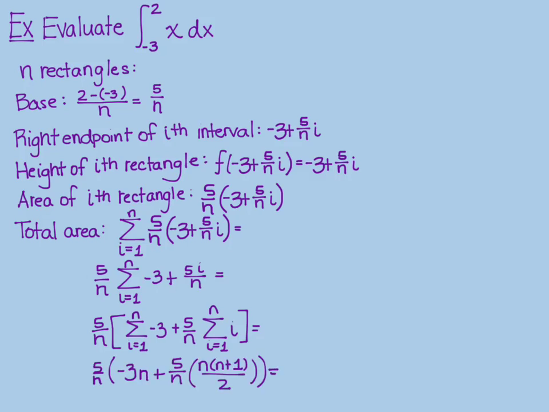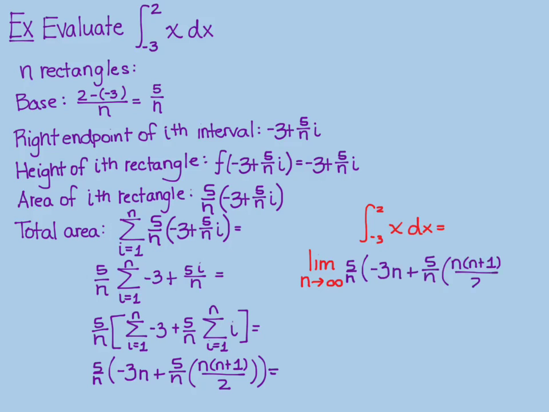We then use the formulas for our series to come up with the following. So we want to then take the limit as the number of rectangles goes to infinity of our answer from before, which is 5 over n times negative 3n plus 5 over n times n times n plus 1 over 2.